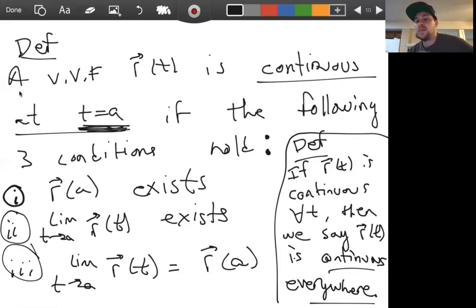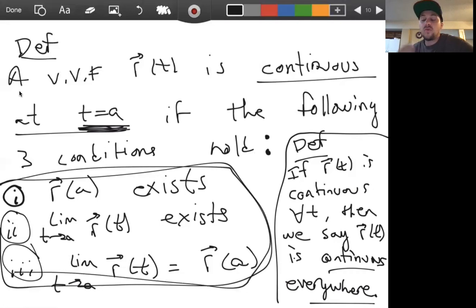Sometimes we'll just say, let r of t be a continuous function. What we mean is that it's continuous everywhere, and even more, that all 3 of these conditions hold for every a value. And so that's where we'll wrap up in this video.